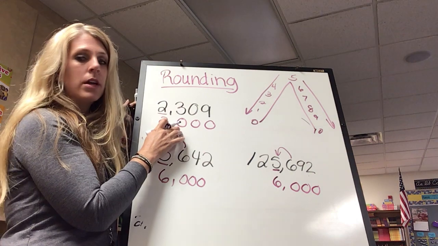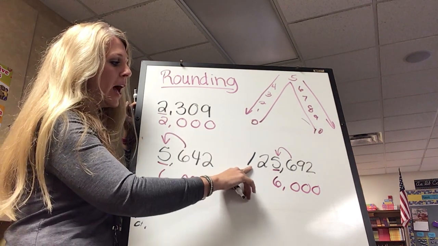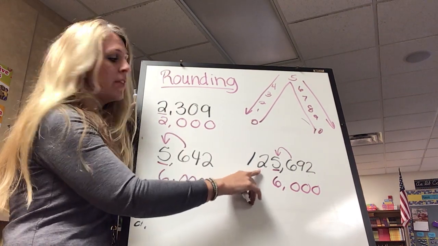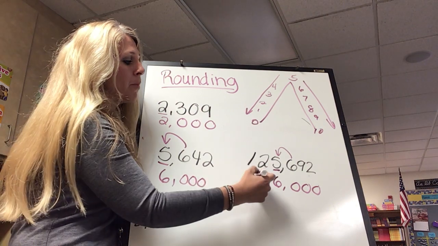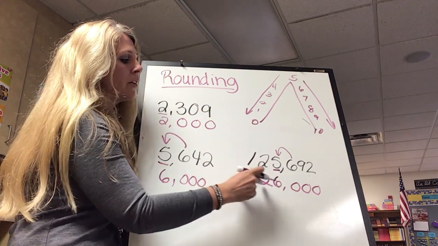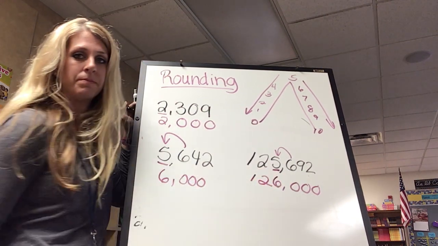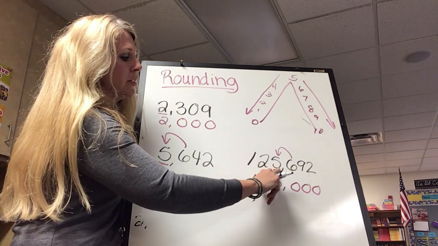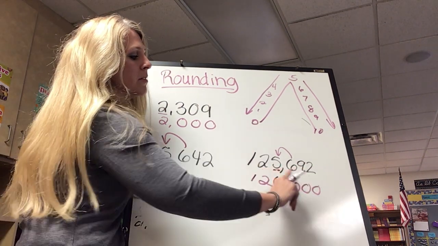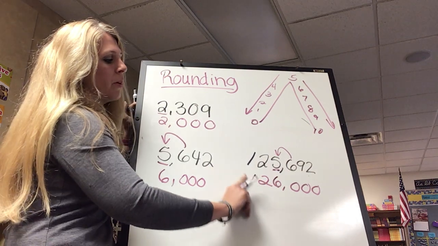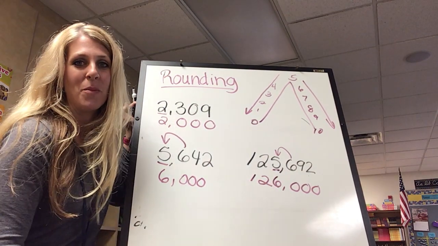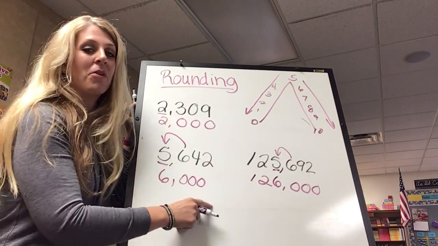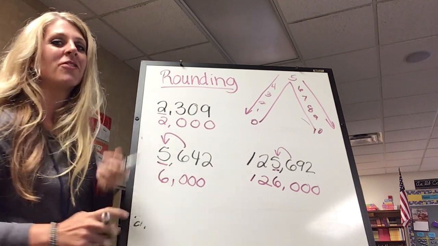Just like we did over here, but I still have 120,000s that were a part of my number. I'm going to put those right back, 126,000. So we rounded to the nearest thousands place, we zeroed out that way, but we want to put what's in front of it right back. I'm going to have you practice some of these in your math journal for the next step.